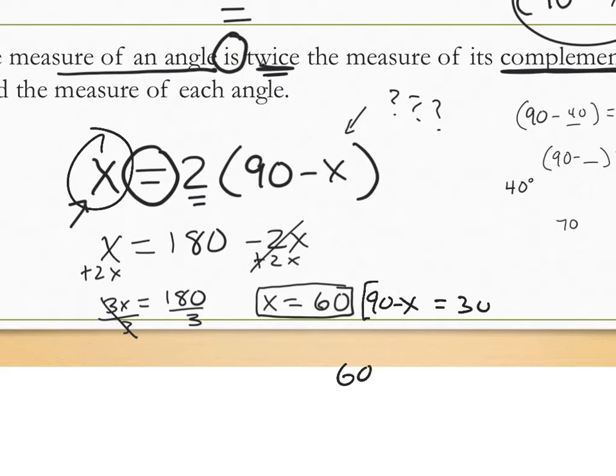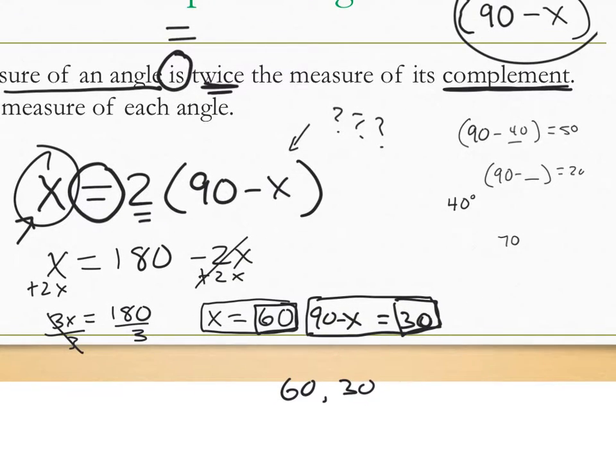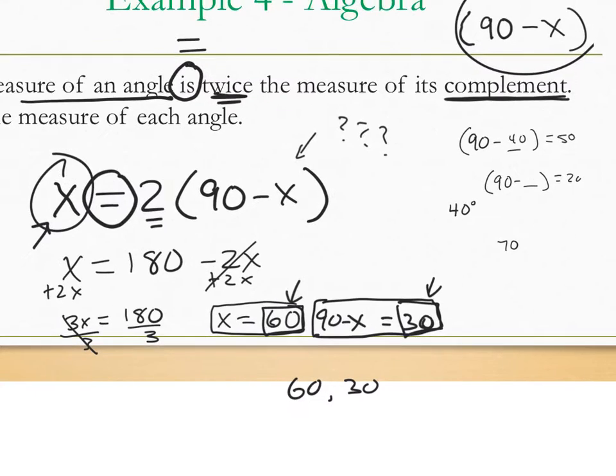You could just write 60 and 30. I'm just showing you that one angle is 60 and the other one is 30. Let's see if it meets the condition. There is one angle and the other one is twice the amount. Here's one angle and this is twice that amount. 30, 60, 60 is twice 30, and together they add up to 90.